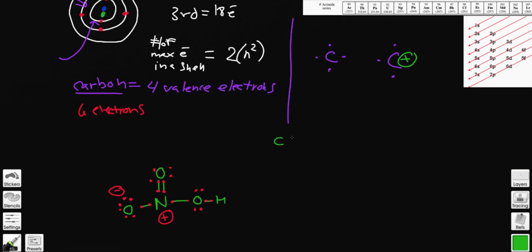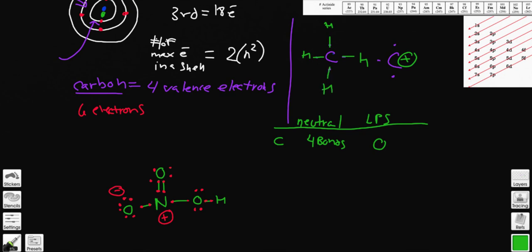Carbon is going to be neutral when it has 4 bonds and 0 lone pairs. A carbon will always be happy when it has 4 bonds like this.